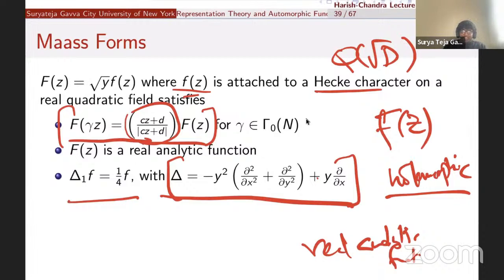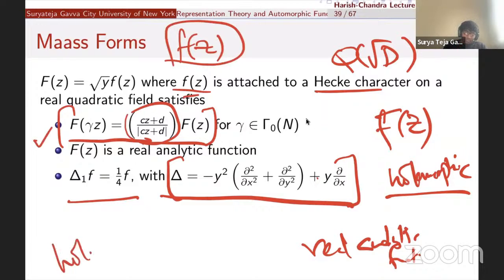He was studying these generalizations purely from an arithmetic point of view, and he constructed some functions f of z which turn out to have properties different from the standard holomorphic functions that we saw before. They are called Maass forms.